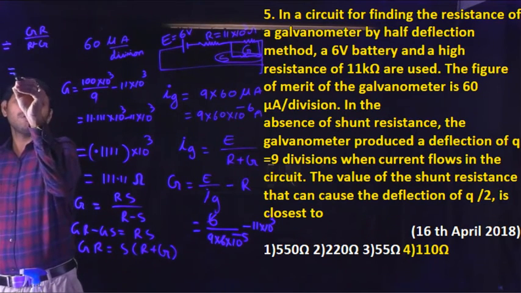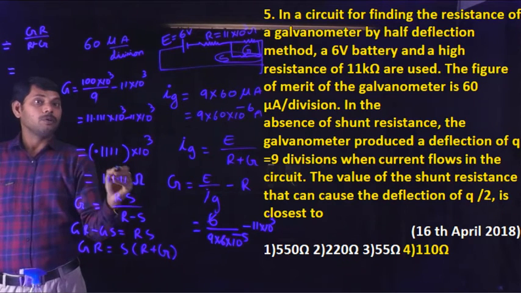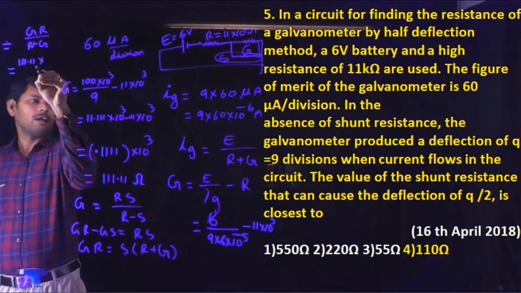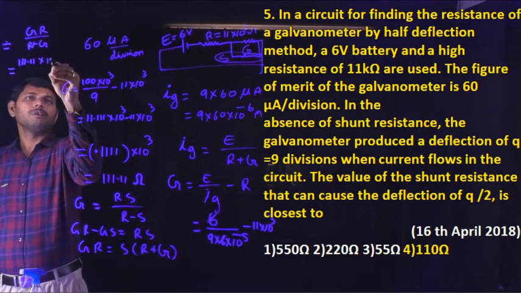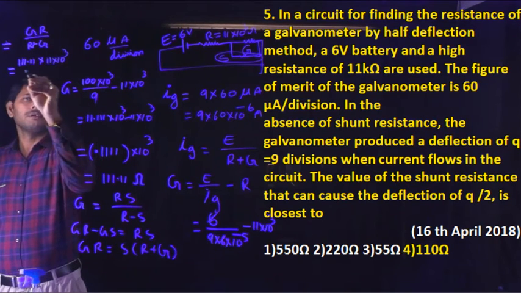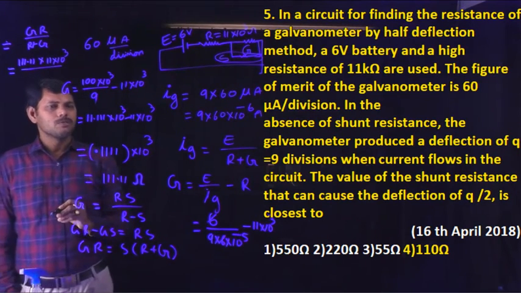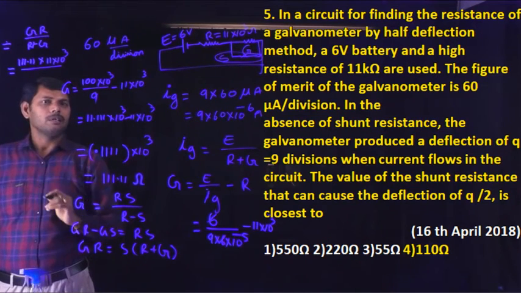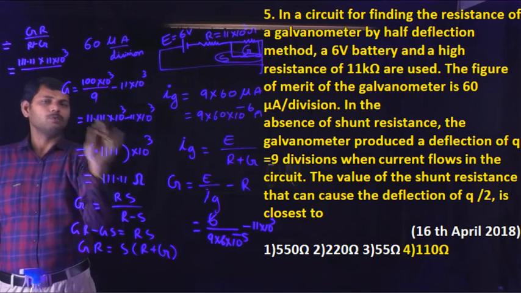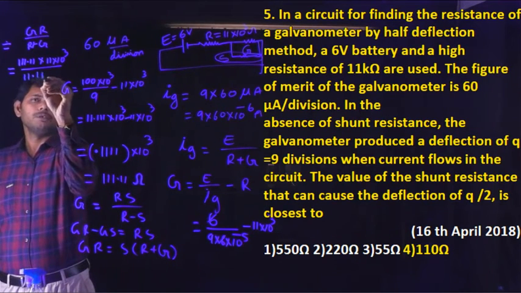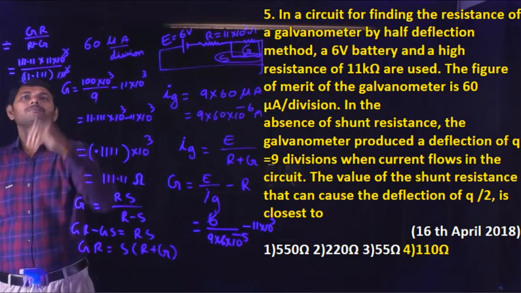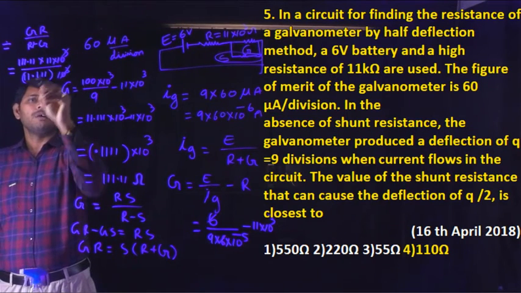We have the values of G and R now. G value is 111.11 into R value 11 into 10 power 3, divided by R plus G. So R value is 11 into 10 power 3 and G value is 0.111, so 11.111 into 10 power 3 is R plus G. So 10 power 3 gets cancelled. 111.11 into 11 by 11.11.